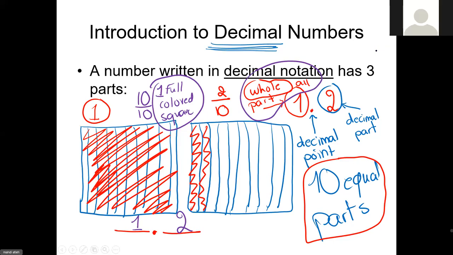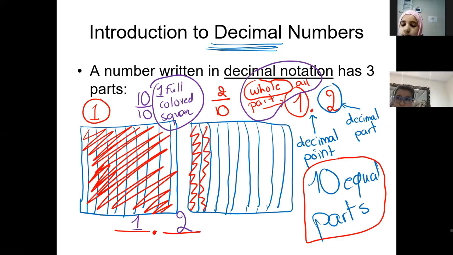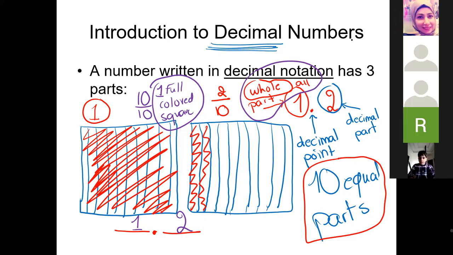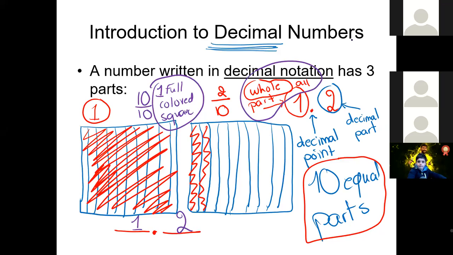Teacher, what if both of them are not colored? Listen a little bit, please. I haven't finished my idea, I will give you more examples. Wait a minute, please. So in order to write the decimal number, first of all I look at how many squares are fully colored.